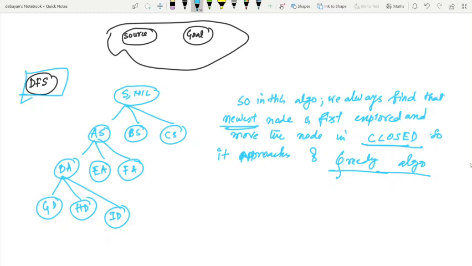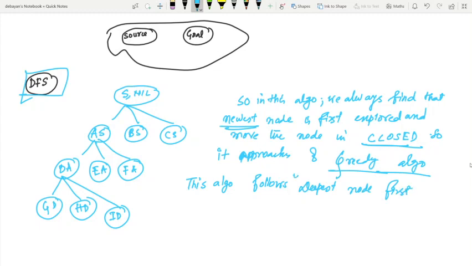So of course we also find that this algorithm is deepest node first. The algorithm, depth first search, actually follows deepest node first.